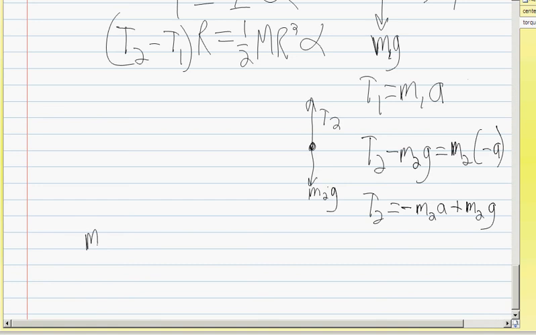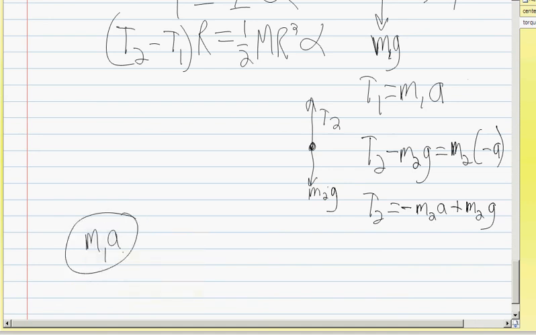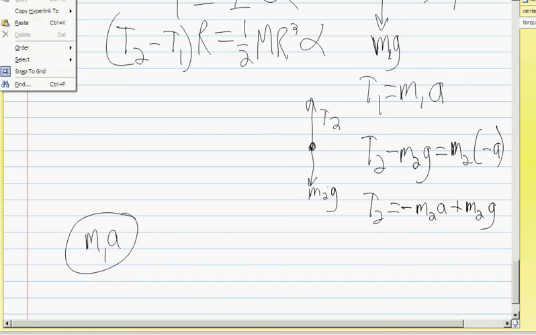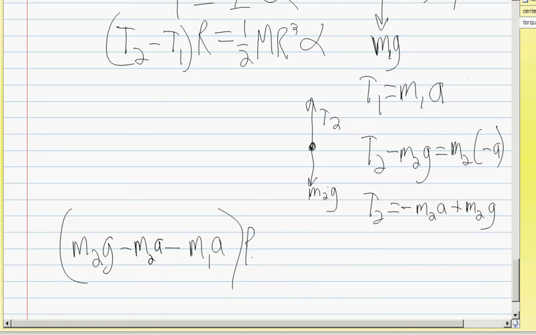Which means I can now put those back in here. I can say minus M1A, and it'll be M2G minus M2A times R equals 1/2 MR squared alpha.